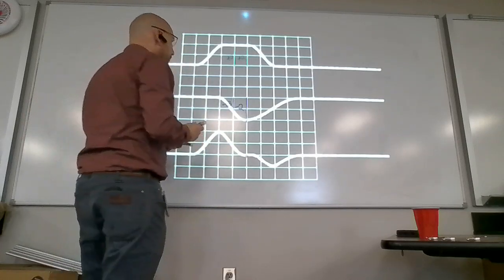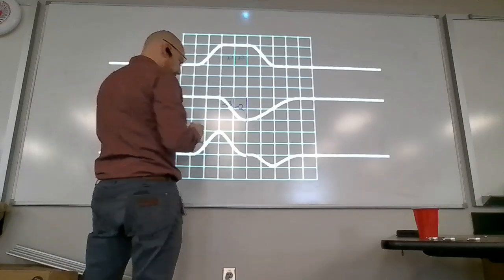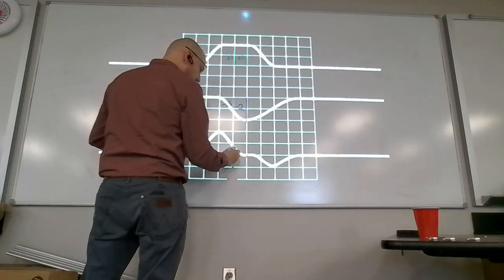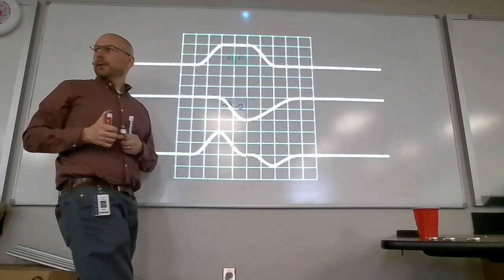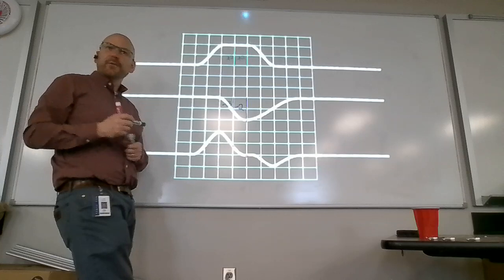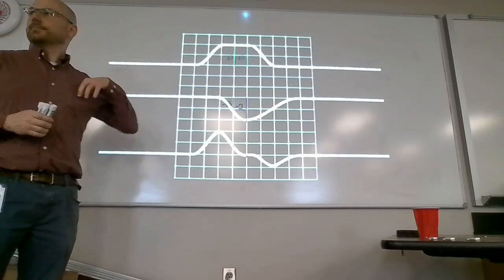Okay, adding those together, you should get a positive 0.7. Good with that? That's still destructive interference, it's just not complete. They're working against each other.